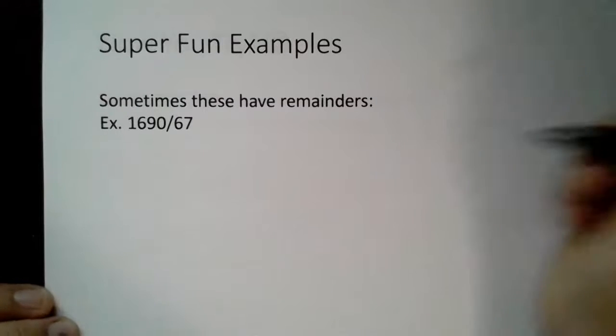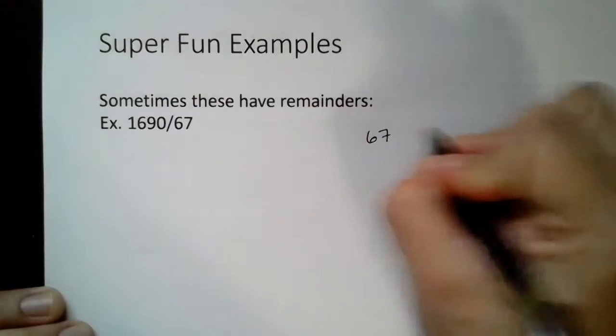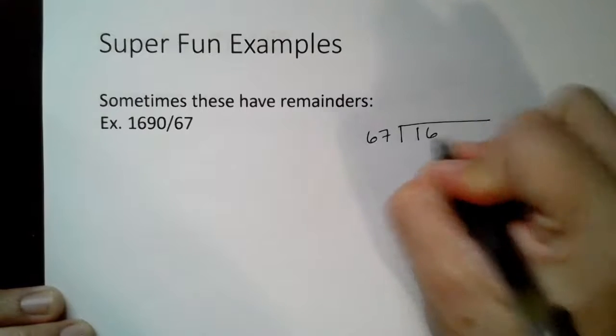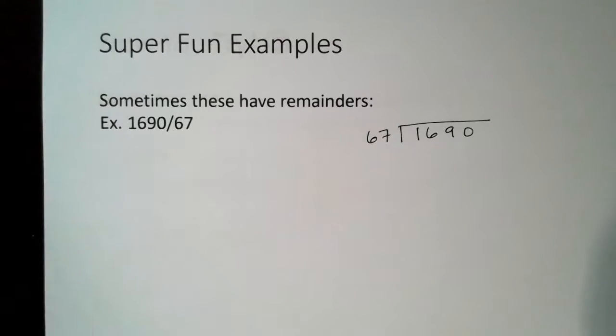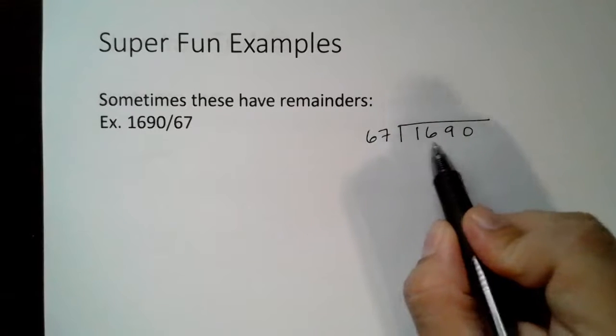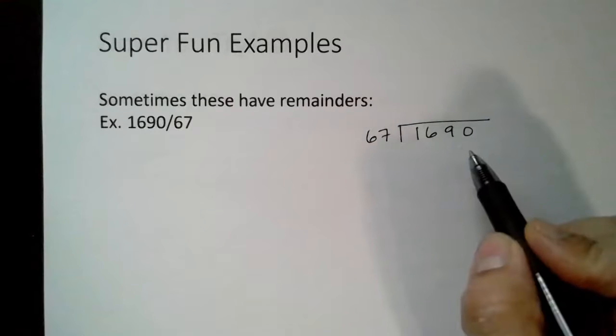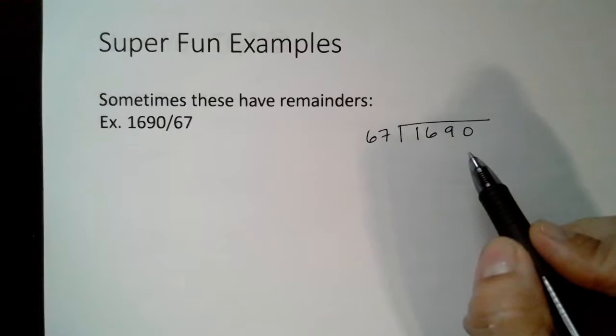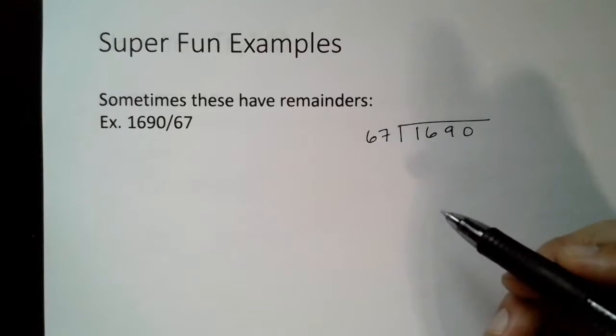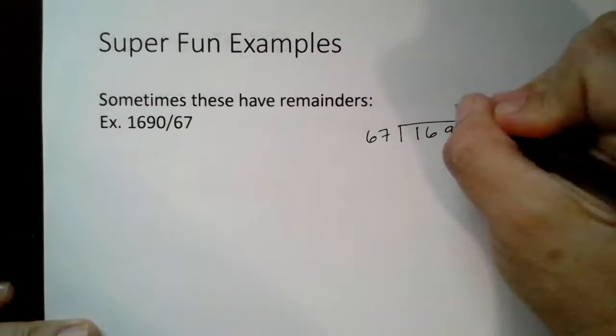Sometimes these long division problems have remainders. We did one earlier, but let's go ahead and do another one. 67 does not go into 16, so we have to think about how many times 67 goes into 169. It's about 2 times.